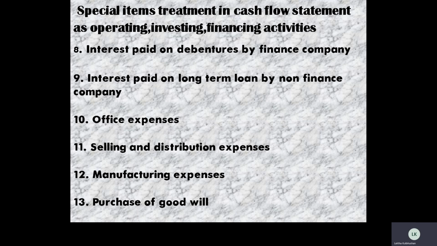Compared with the previous year, there is a decline of 4,000. If the value decreases, it will be called goodwill written off, and it is treated as a non-operating expense, so it will be shown under the heading operating activities.